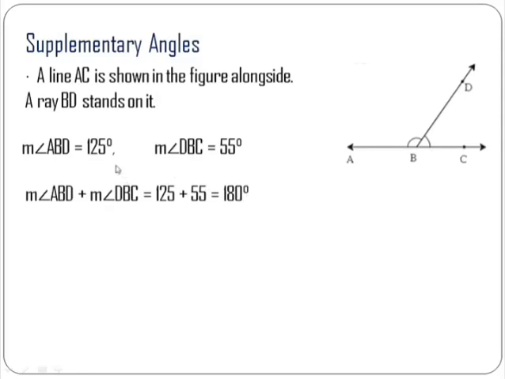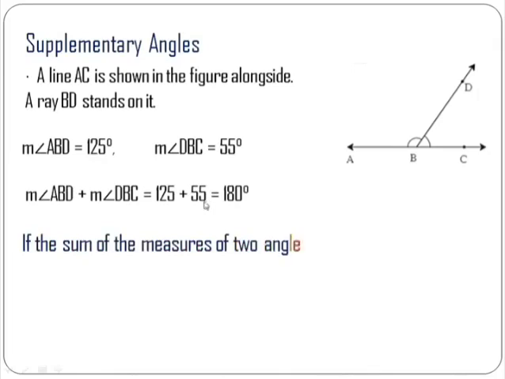Now add the measures of both the angles, angle ABD plus angle DBC. Angle ABD is 125, so we will write it here. Angle DBC is 55 degrees, so we will write it here. Now add 125 and 55, you will find the sum is 180 degrees.